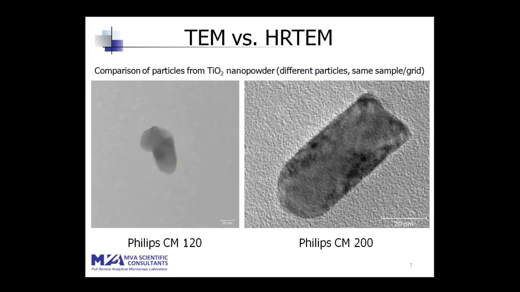The 120 is on the left and the 200 is on the right, and you can tell just by briefly looking at one versus the other that the 120, this is me pushing the 120 about as far as I would want to push it without the image getting really blurry and not great to look at, whereas what we have on the right is a much sharper image of the TiO2 nanopowder in the CM200. And you can even notice that running parallel to the crystal, we have some white and black lines running, and that's important for what we're going to be talking about next.